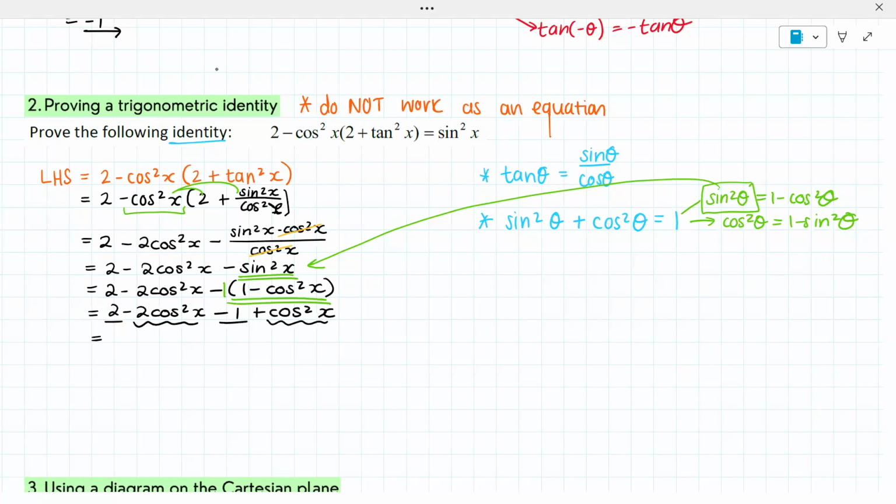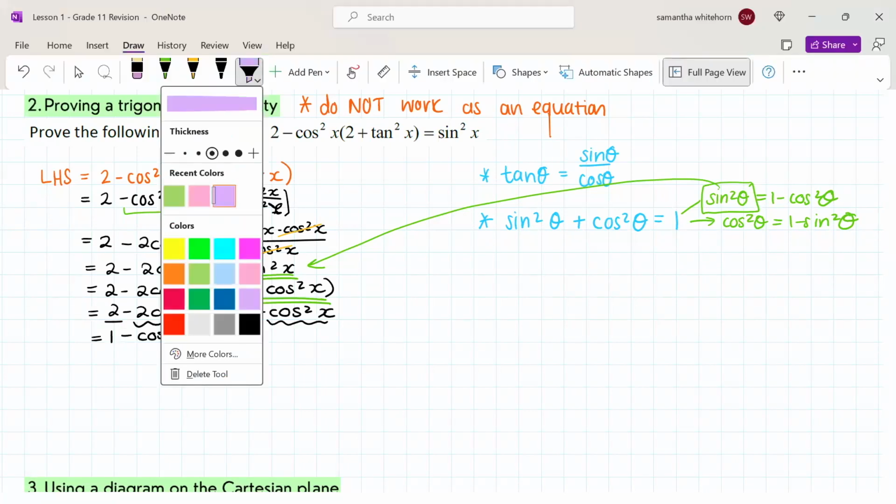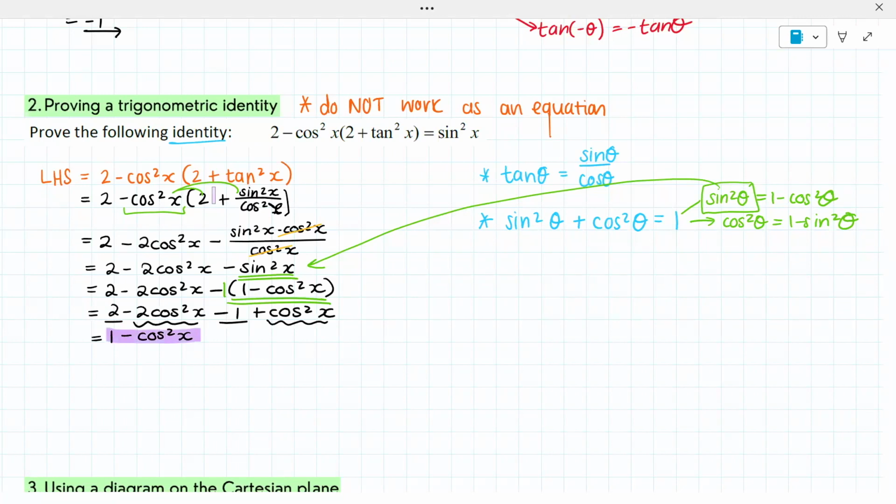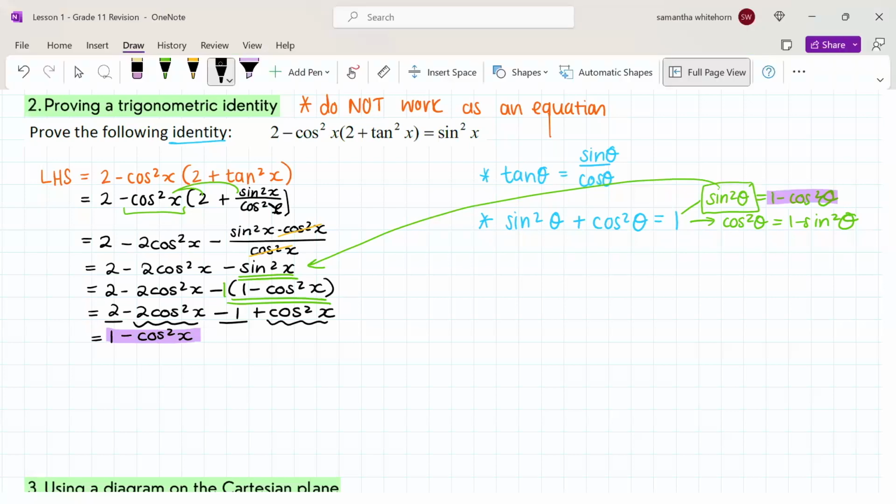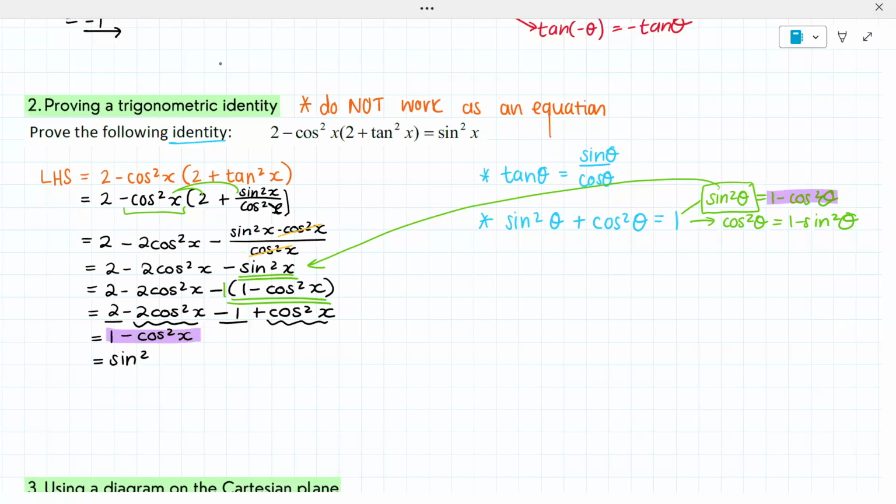So 2 minus 1 is 1. -2 cos squared x plus cos squared x is a negative cos squared x. And now again, think about the identity. 1 minus cos squared x is sine squared. And so this whole thing actually just simplifies to sine squared x.